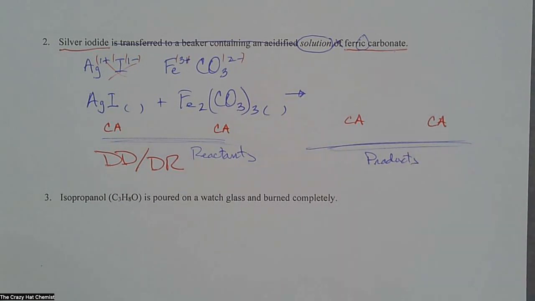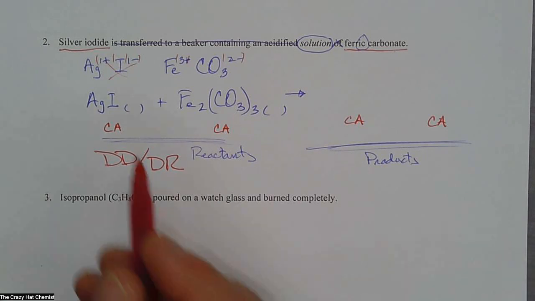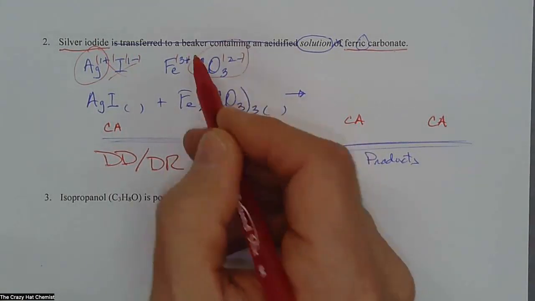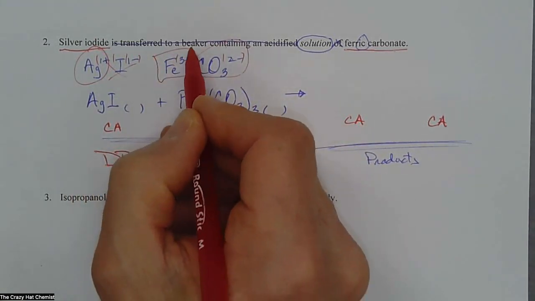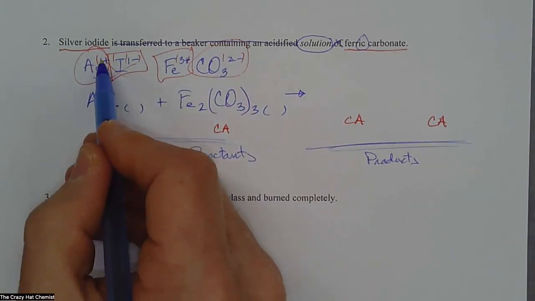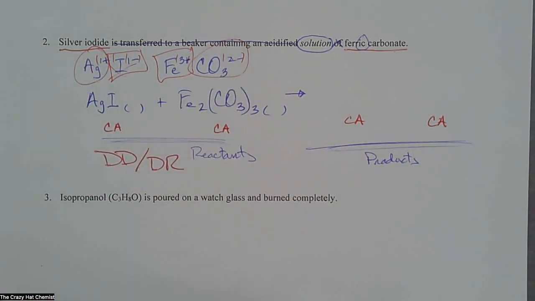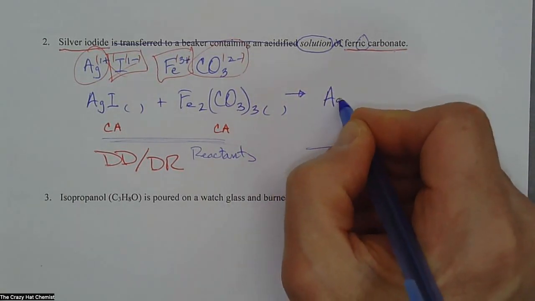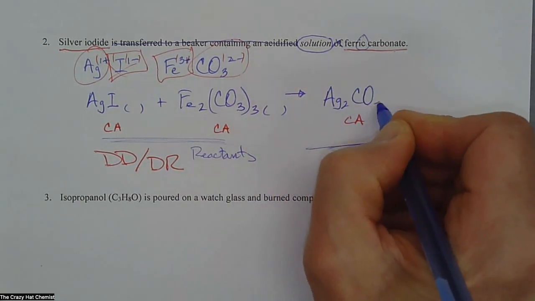Okay, and in order to come up with the products, we're going to do the same thing that we did before because this is a double displacement, double replacement reaction. So the silver is going to combine with the carbonate, and then the ferric is going to combine with the iodide. So for the silver carbonate, I'm going to take the absolute value of these numbers and take the bull by the horn, flip, bring it down, and I'm going to get Ag2CO3.